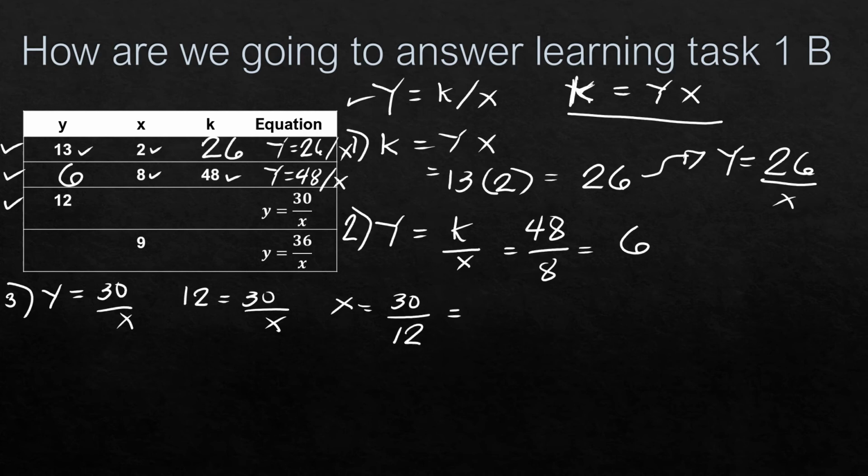Kuha natin ang lowest term niya. Both 30 and 12 ay divisible sa 3. 30 divided by 3 is 10, 12 divided by 3 ay 4, which we can simplify further. 10 divided by 2 is 5, 4 divided by 2 is 2. So, our lowest term is 5 over 2.